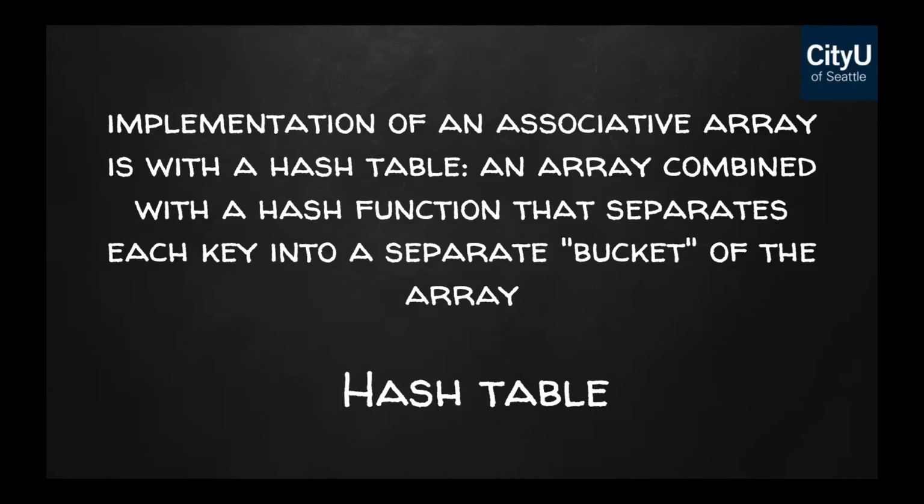Okay, a hash table is an array. Again, another definition is an array combined with a hash function that separates each key into a separate bucket of the array. So what happens now is index 0 is a bucket, index 1 is a bucket, index 2 is a bucket, because you don't only have one thing there.